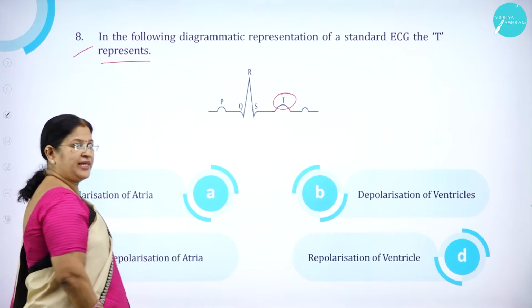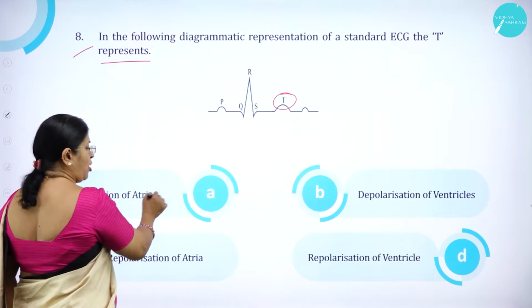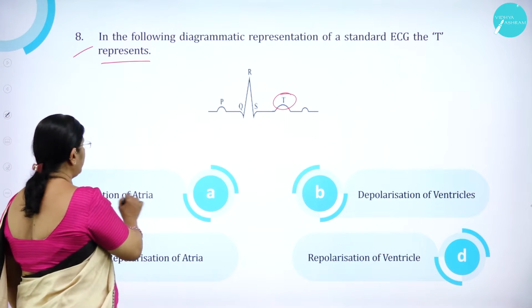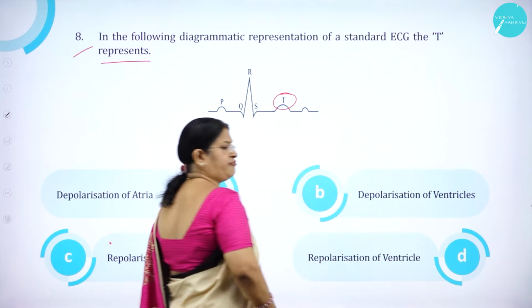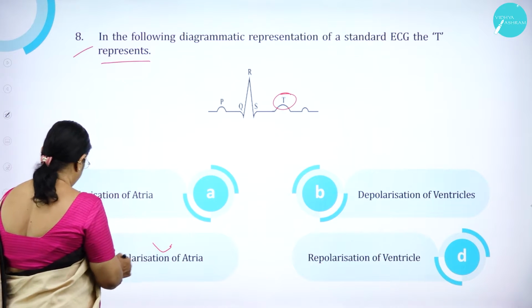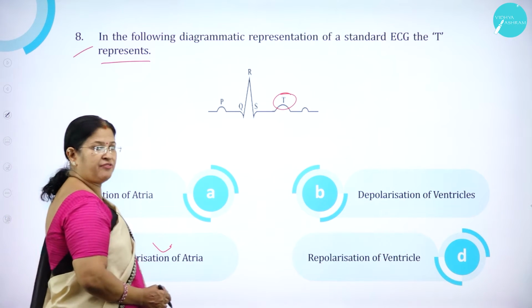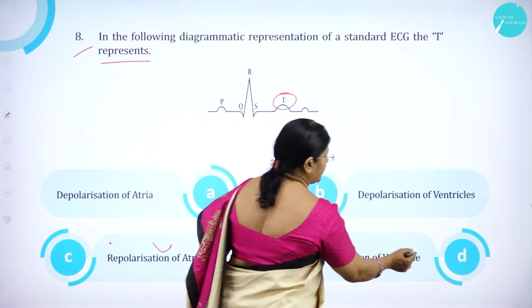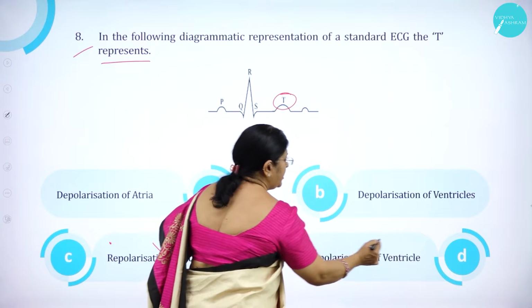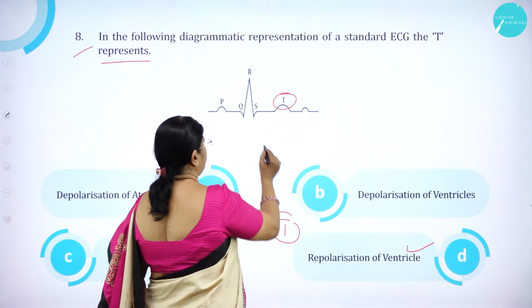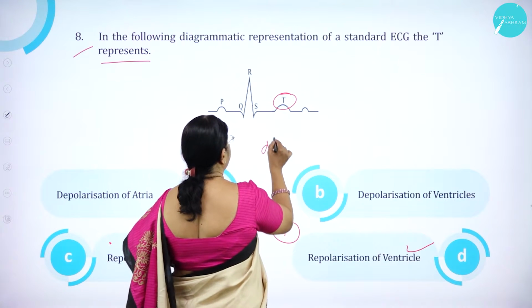Option A, depolarization of atria, B, depolarization of ventricles, C, repolarization of atria, and D, repolarization of ventricle. T stands for repolarization of ventricle. So option D is correct.